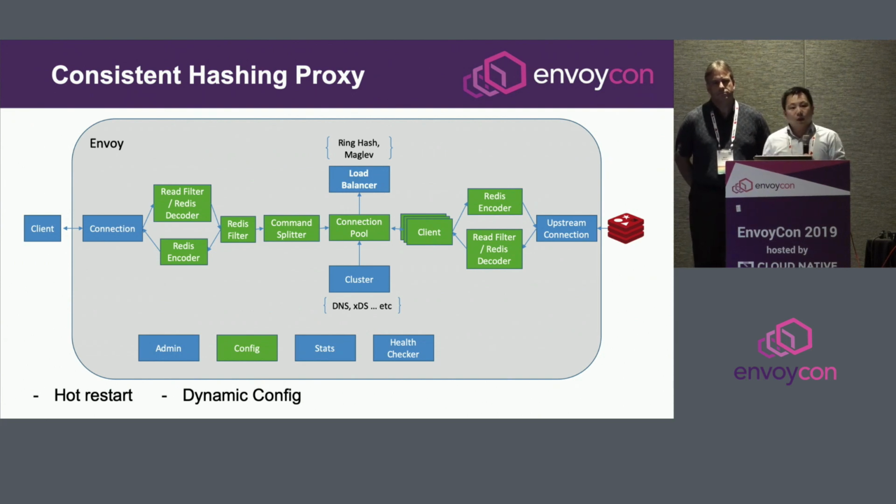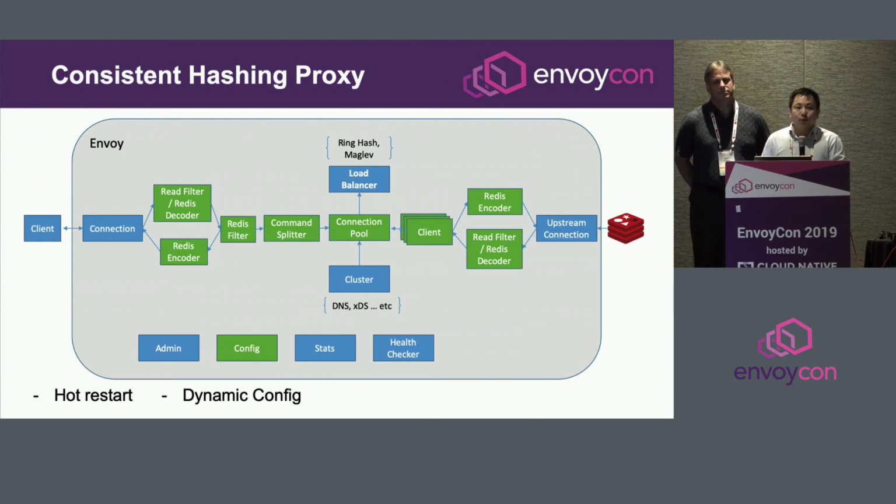Envoy comes out of the box with a large number of load balancers: random, power of two, etc. However, unlike a lot of other proxies where we're talking to stateless services, things like random or round robin don't make sense for a stateful service, because we need to make sure the same key is always, as much as possible, routed to the same Redis node.